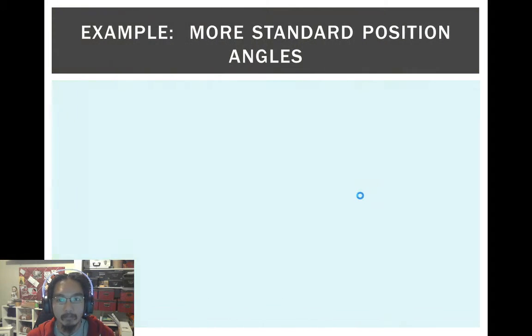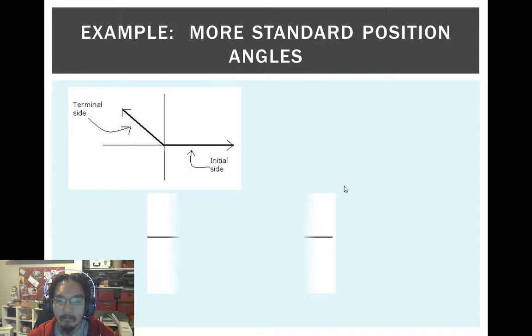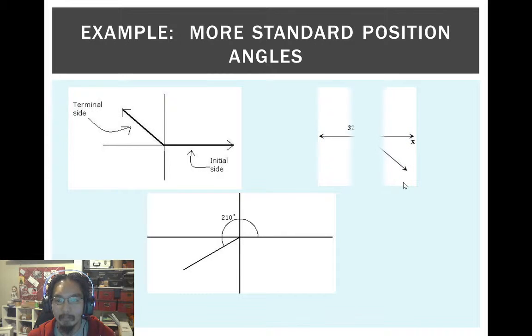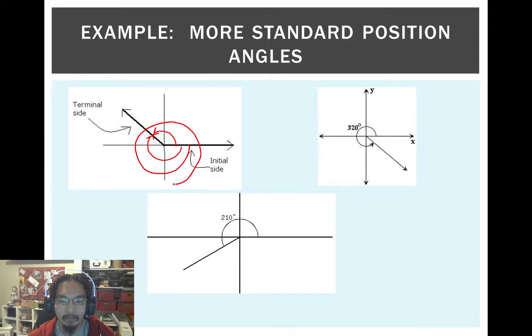So here are some more angles in standard position. Just some examples. Notice they're all being measured from the positive x-axis. The angle could be like that, or we could go around once and end there.